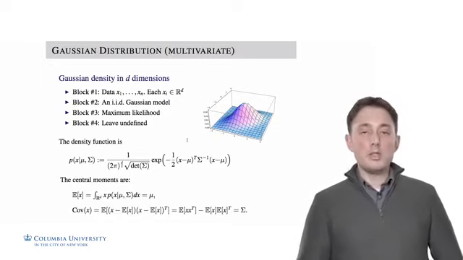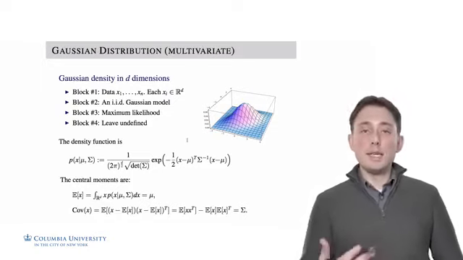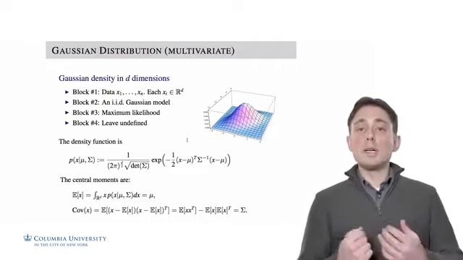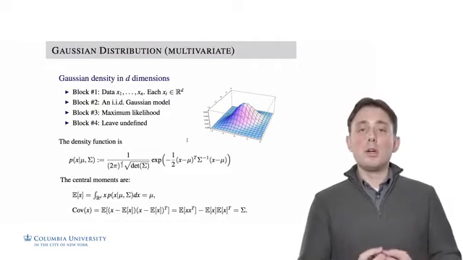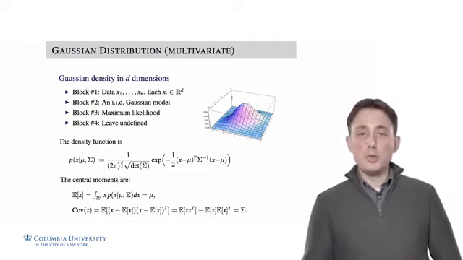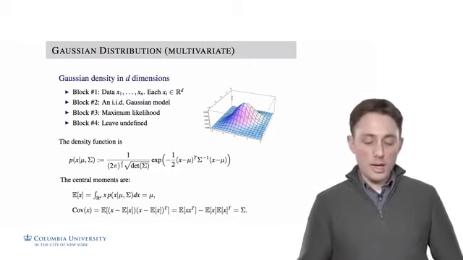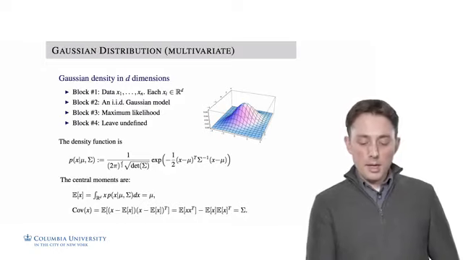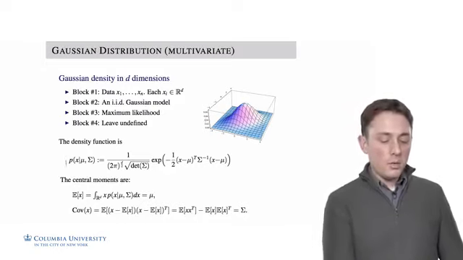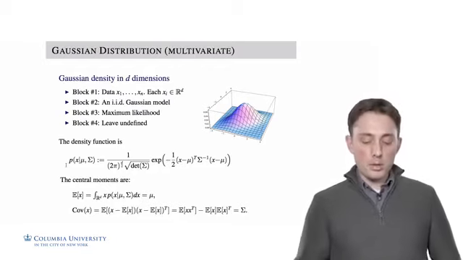We evaluate this function, and that gives us a density for a particular point x using a Gaussian with mean mu and covariance sigma. So we get something that looks like this. If d is 2, so we have a 2-dimensional vector x, we are evaluating this function p in a 2-dimensional space. The third dimension is then the value of the function at a particular location.